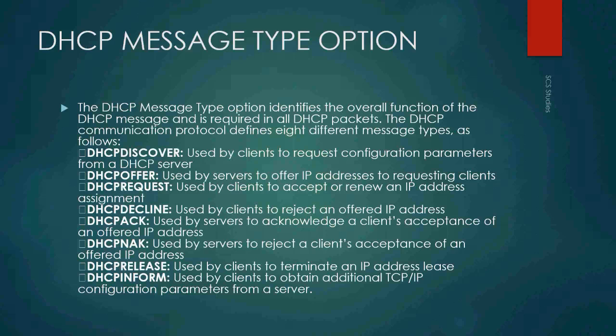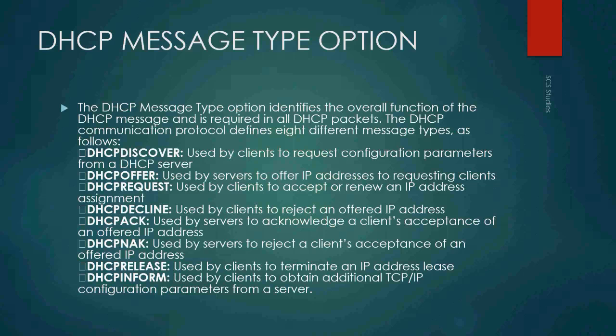Then there is DHCP Decline, used by a DHCP client to reject an offered IP address. If DHCP has already assigned the same IP address to another client machine, then DHCP will decline the request.